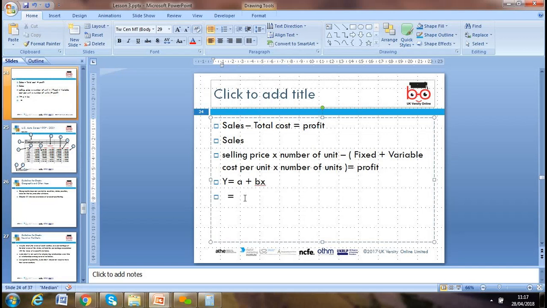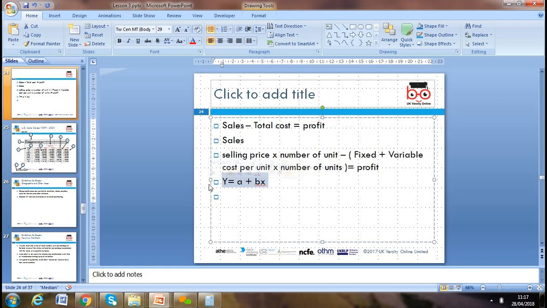A is my fixed cost. We can write this equation; I'll go through it next lesson with you as well. For profit and loss we normally use simply sales minus total cost equals gross profit. We can put it in mathematical terms as well.